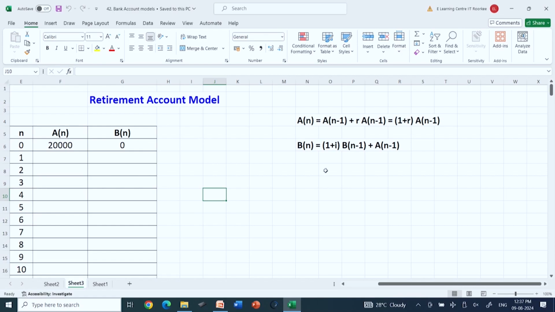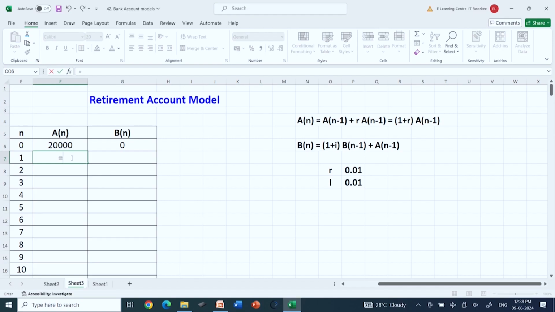Your value of r is 0.005 and the value of i is 0.0075. Just change the font size and make it bold and center. So, let us first calculate this An.